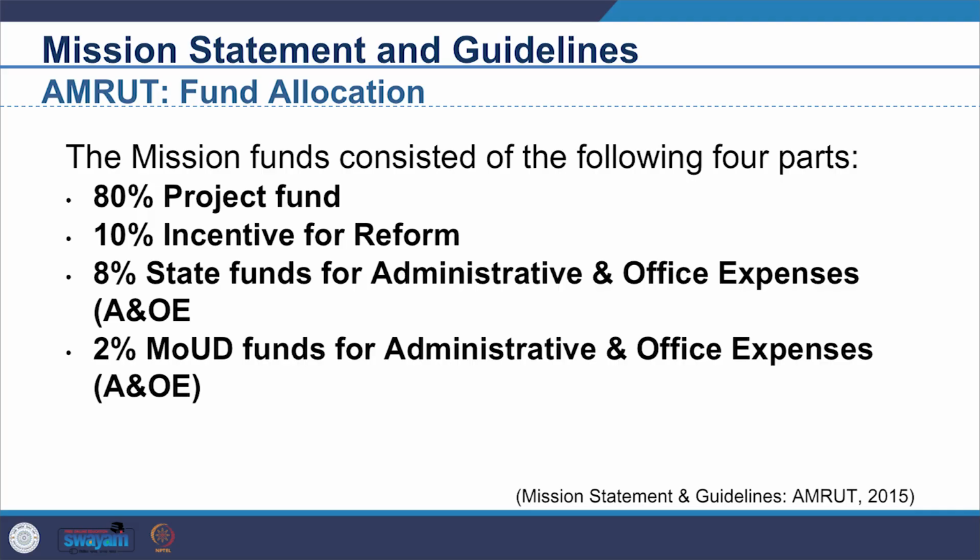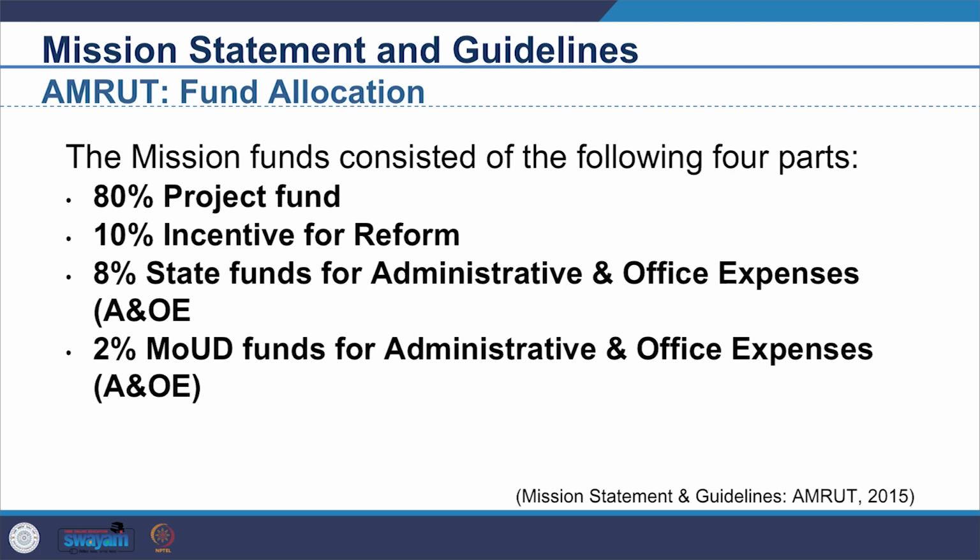The mission fund consists of 4 parts. First is the project fund, which constitutes 80% of the annual budgetary allocation. Second, we see incentives for reforms. 10% of the annual budgetary allocation is done for reforms.